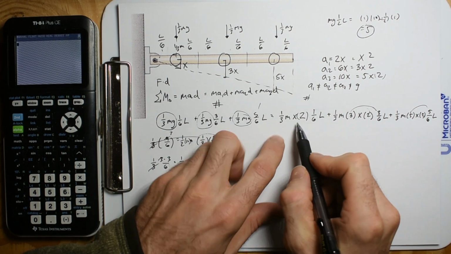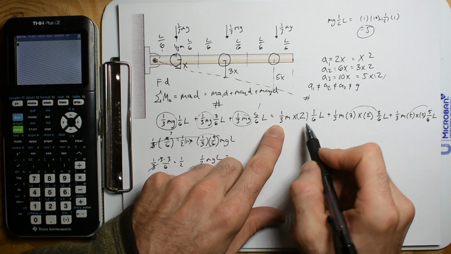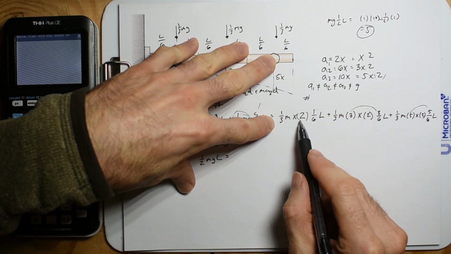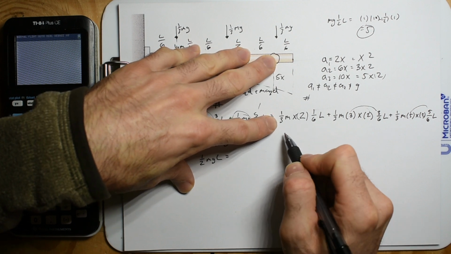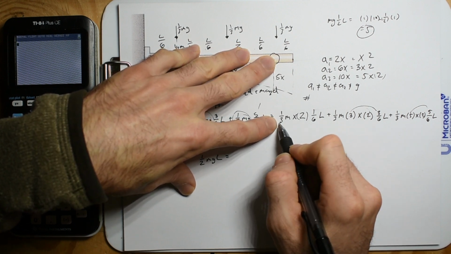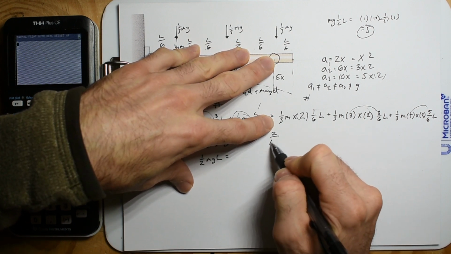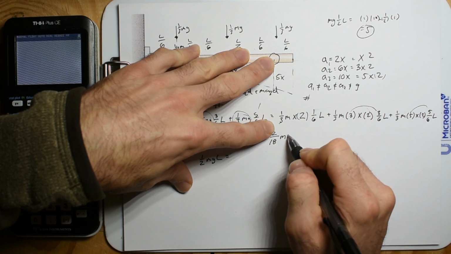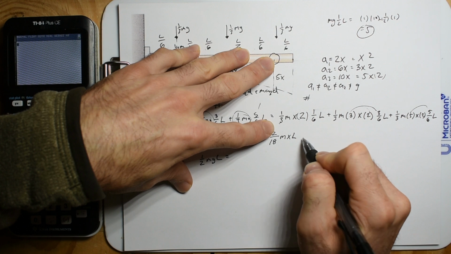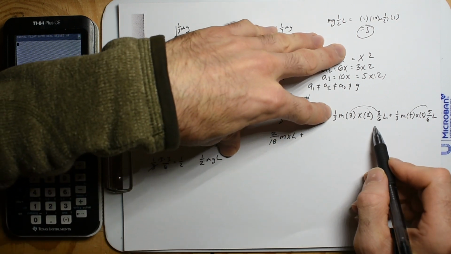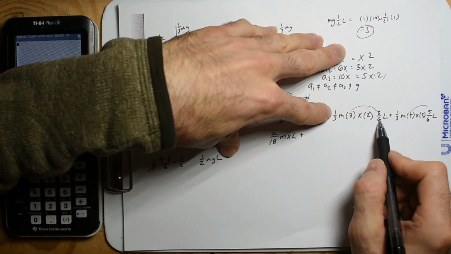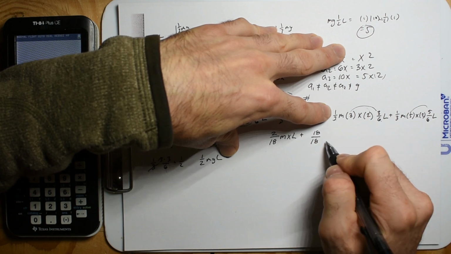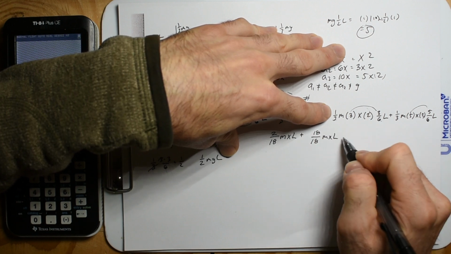So now, yeah, let's do it. Well, 6 times 3 is 18, so we're going to have 2/18 mxl plus, this one is going to be 18, and we're going to have 9/18, so we're going to have 18/18 mxl.